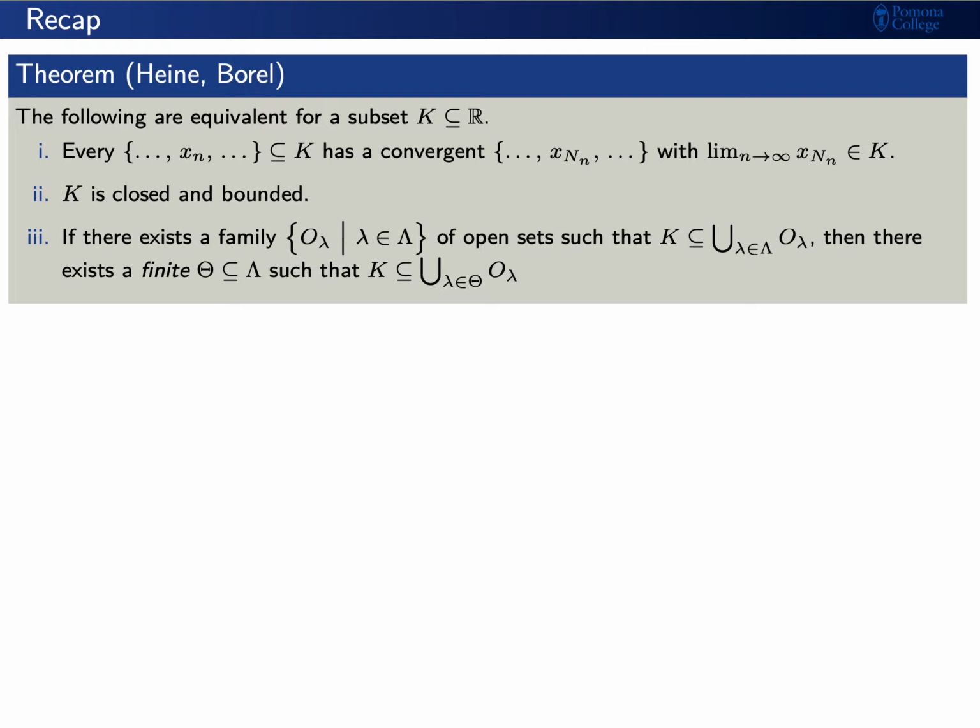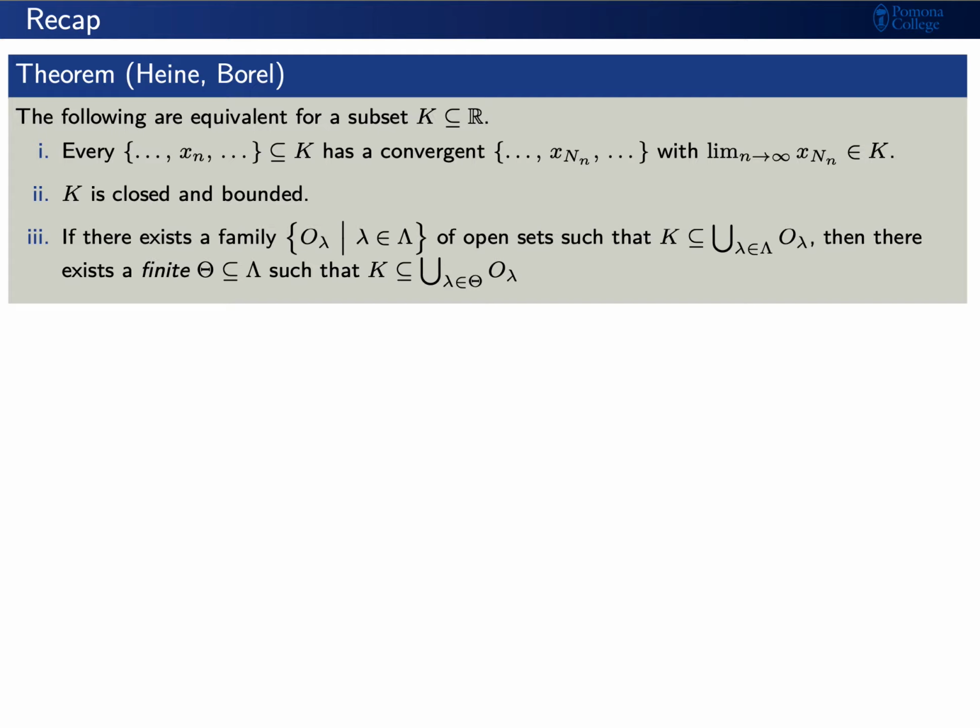Next, we have the celebrated theorem of Heine and Borel. It says that the following three statements are equivalent for a subset K. First, every sequence contained in K has a convergent subsequence whose limit is in K. Second, K is closed and bounded.